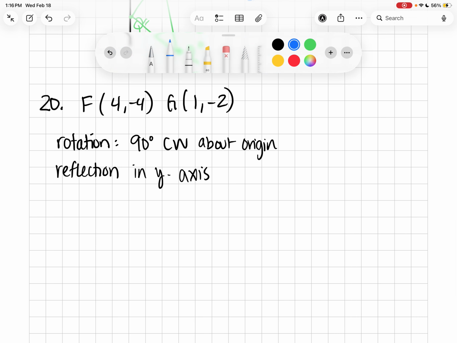So rotations for these ones should be easier because obviously it's just a line and not a whole triangle. Okay, so point F is 4, -4, so that's going to be down here. G is 1, -2.